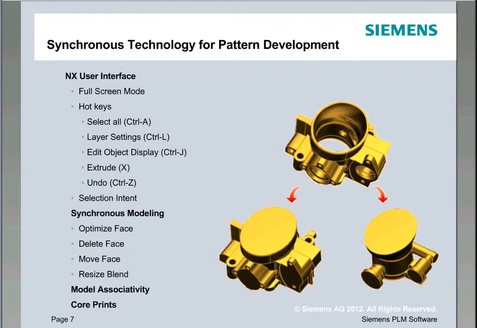When I want to create an extrusion, I will use the X hotkey, and I'll also highlight our undo function. I'll also talk about selection intent, and the main product focus inside of NX will be our synchronous modeling, where I can optimize the models.